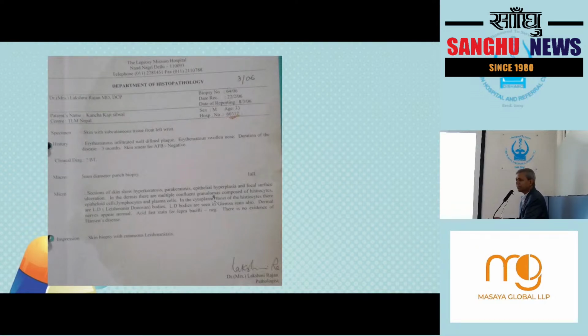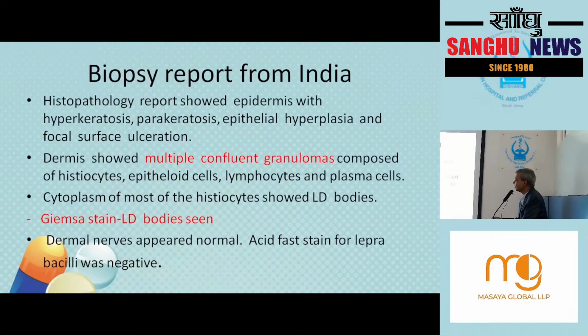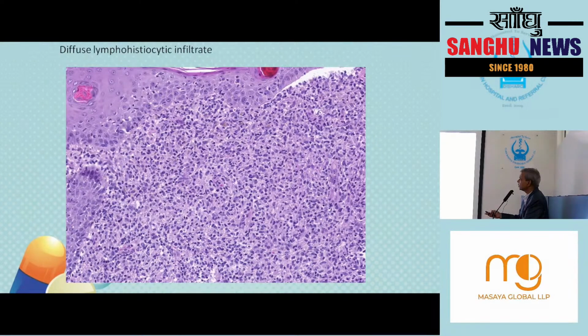So that was not in my differential diagnosis. The dermis shows multiple confluent granulomas composed of histiocytes and epithelioid cells, and in Giemsa stain LD bodies are seen. So the final diagnosis is cutaneous leishmaniasis.